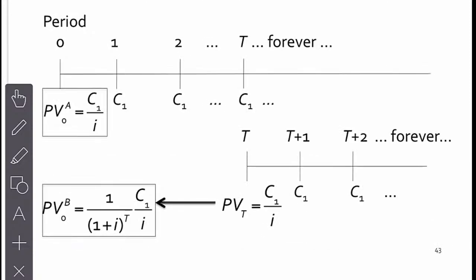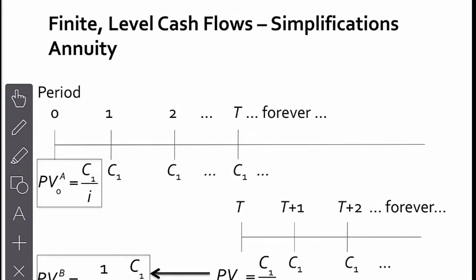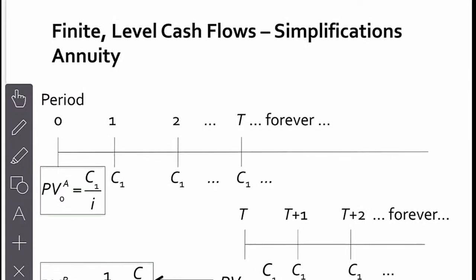So let's look here. So this is, in general, what you're looking at. Sorry, this is a perpetuity. So where does an annuity come from?